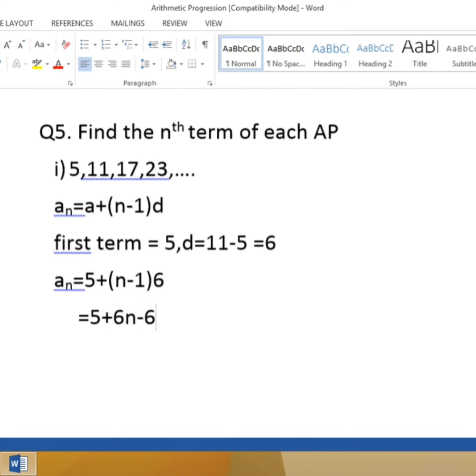So 5 minus 6 we know is minus 1. So it is further written as 6n minus 1.